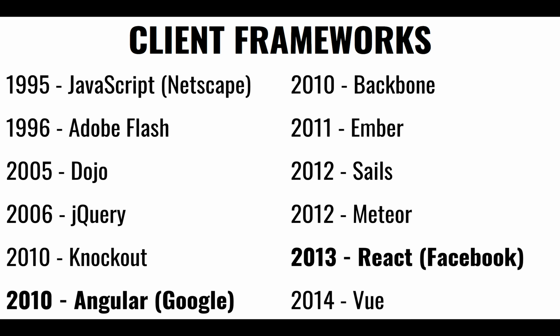Dojo and jQuery tried to address the fact that there was a war going on in the browser, the browser wars, right? Every big vendor had its own version of the browser, its own version of JavaScript, its own version of HTML. It just became a mess, right? So anybody who was implementing anything on the web found it very fractured.